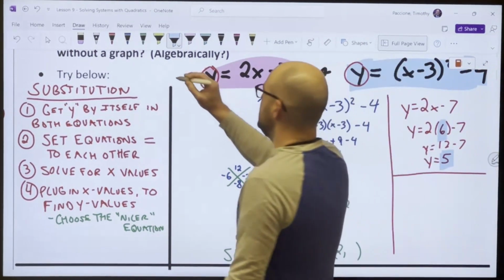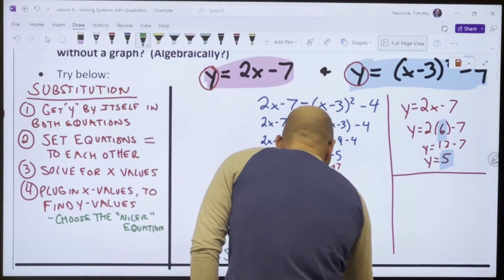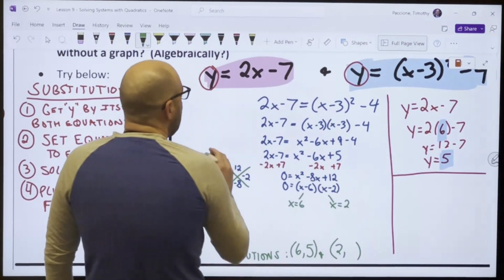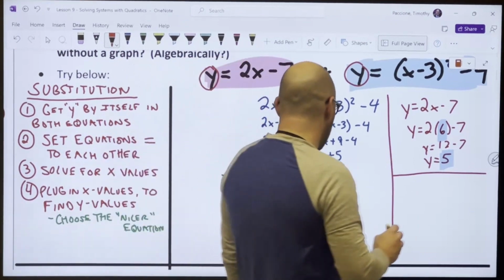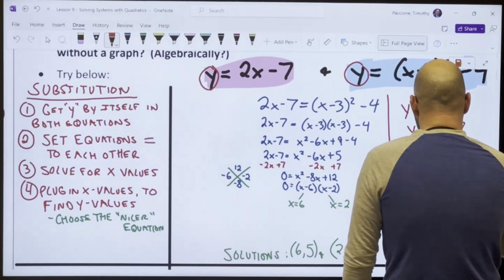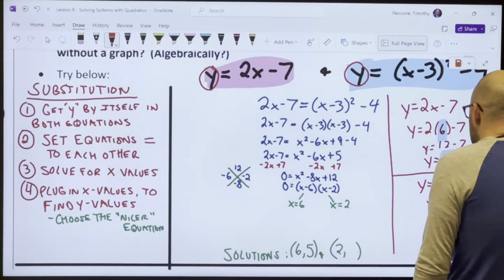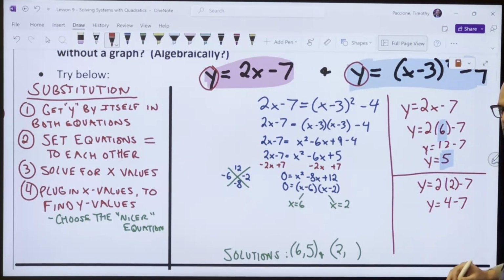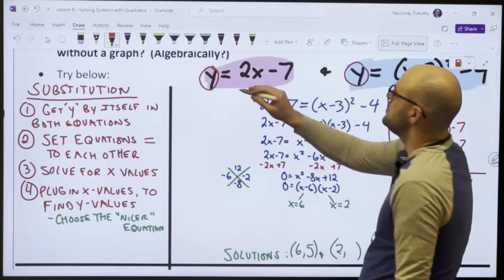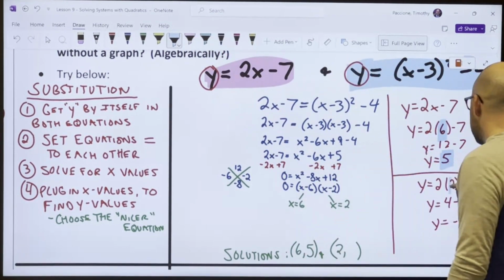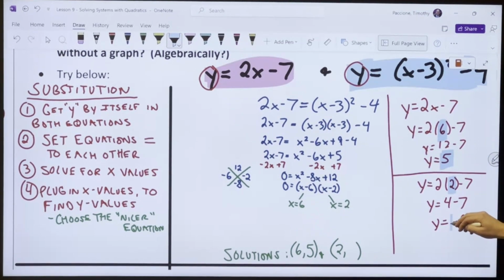So I know I have the point (6, 5). And then I'm going to do it again. Find my other one. y equals 2 times 2 minus 7, which is 4 minus 7, right? Which is negative 3. So when x is 2, y is negative 3.